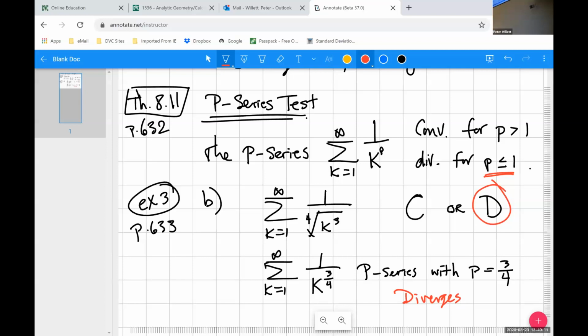So questions about that? Okay, so now there's going to be a theorem 8.12, and I'm basically going to skip it. I'm going to suggest you guys look at that if you need to.